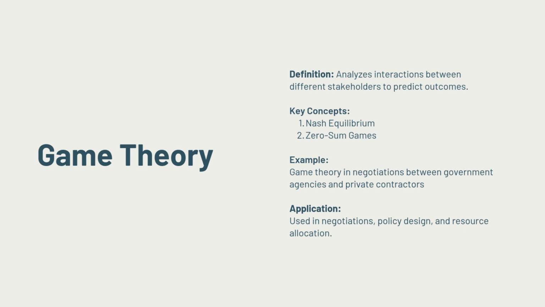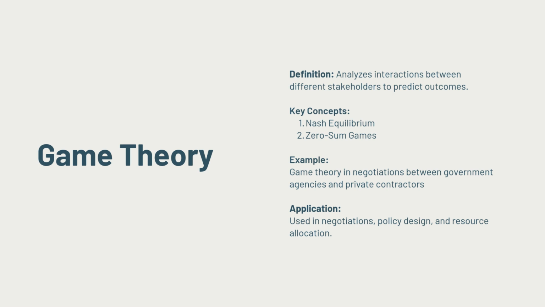Key concepts in game theory include Nash equilibrium and zero sum games. The Nash equilibrium occurs when all parties involved in the decision making process choose the best possible strategy for themselves, given the strategies of others. In this state, no party has an incentive to change their strategy unless another party does.